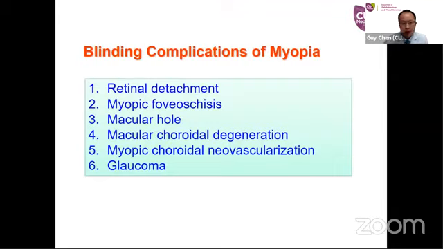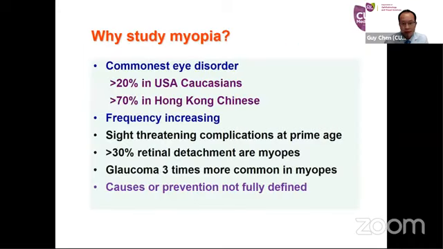High myopia is associated with a number of blinding complications. Therefore, with the high and increasing frequency of myopia, along with its blinding complications, we want to study myopia, of which, however, the causes and prevention methods have not been fully defined.